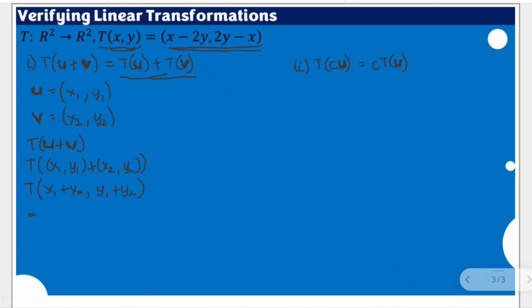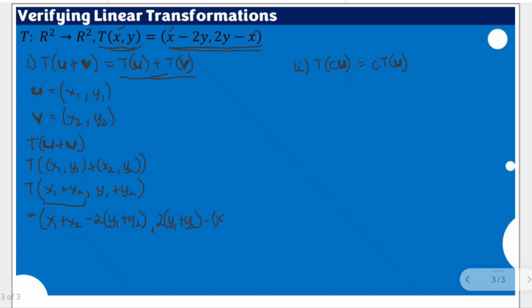So you have your first component, which is the entire expression: x sub 1 plus x sub 2 minus twice the second, y sub 1 plus y sub 2. Then you will have twice the second, y sub 1 plus y sub 2, minus the first.